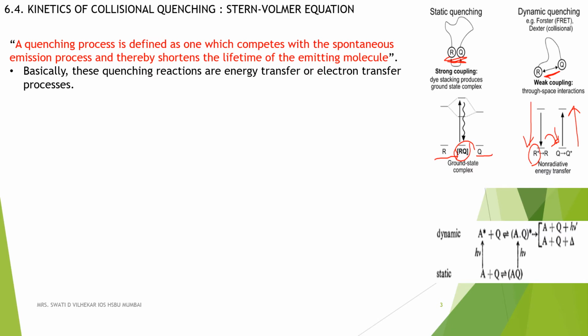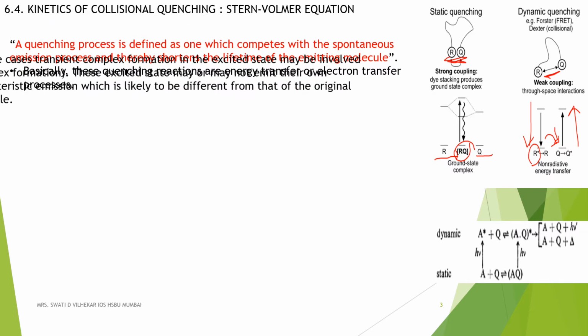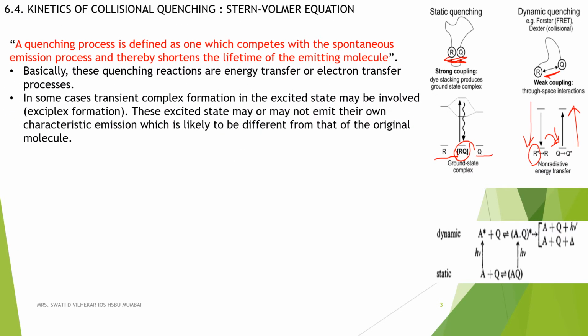So the decrease in the fluorescent intensity is the quenching process, and these quenching reactions may be energy transfer reactions, as we have seen in dynamic quenching, or when it is forming a complex in the ground state, they may be electron transfer processes. In static quenching, the complex is formed in the ground state.